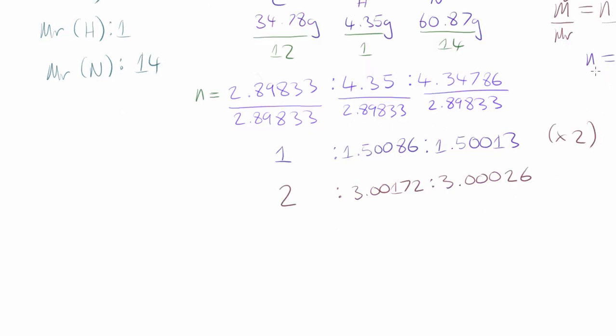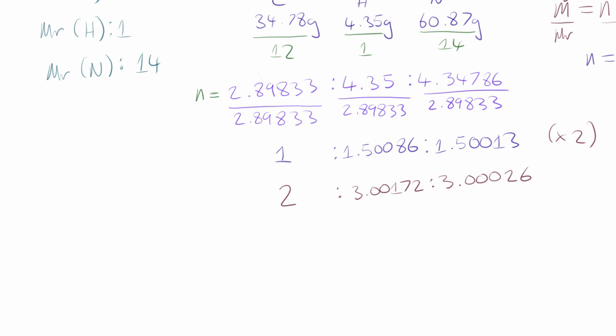Okay, so what can we see quite clearly here at this point? Because now we're so close to a whole number that it is appropriate for us to strongly consider rounding to get to a whole number.